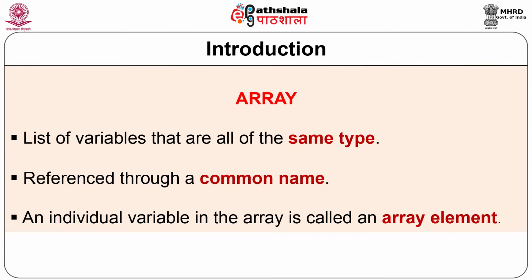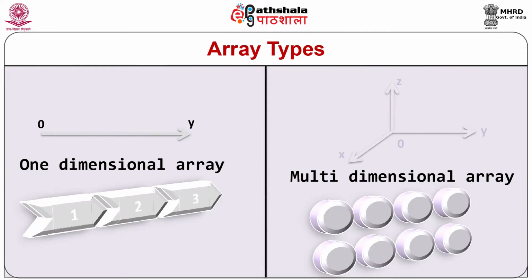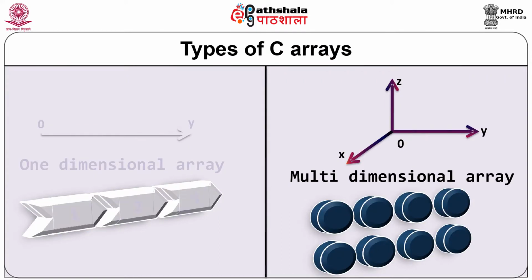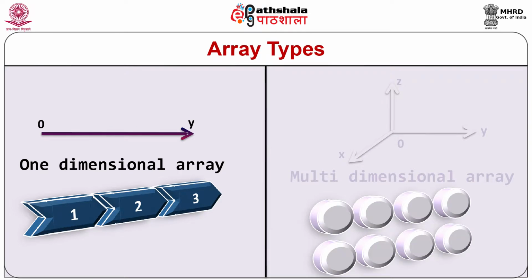It means under the array name there are array elements. Types of array. The arrays are classified as single dimensional array and multi-dimensional array. In one dimensional array, the array elements are stored or entered in a row. This is the single dimensional array diagram.